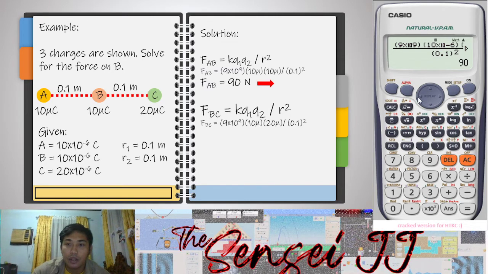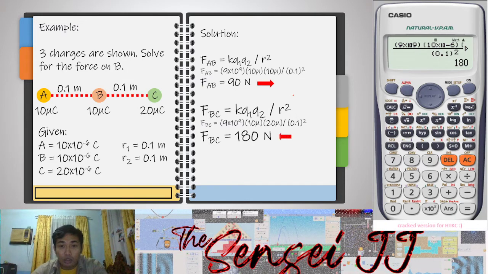Okay, so we have here 9 times 10 raised to 9, and we have 10 times 10 raised to negative 6, but we have here 20, so we have to edit a little bit: instead of 10, we will be inputting 20. Still the distance is the same, 0.1 squared. We will be arriving at the answer of 180 newtons, to the direction of A.